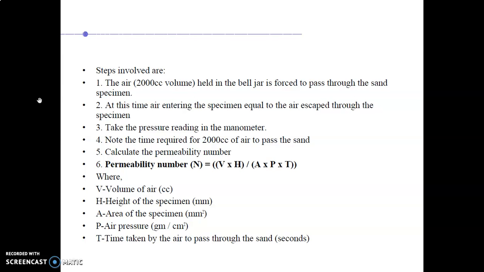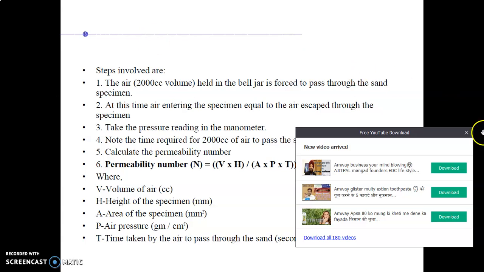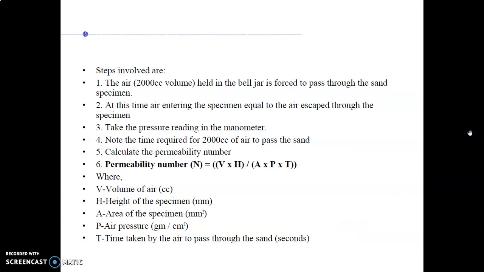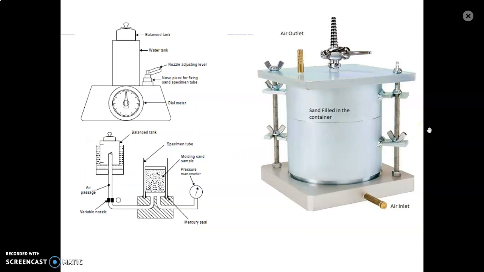Here you have the equation. The permeability number is equal to V into H divided by A P T, that is, V is the volume of air, H the height of the specimen, A the area of the specimen, P the air pressure, and T the time taken by the air to pass through the sand. With these parameters you can calculate the permeability number.